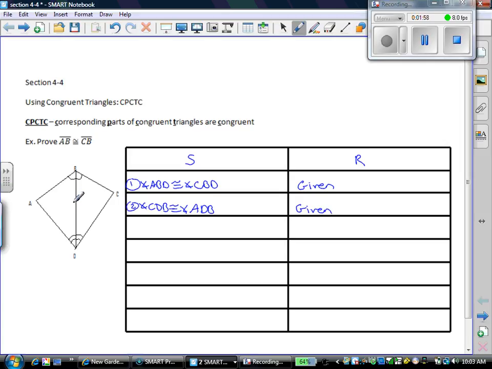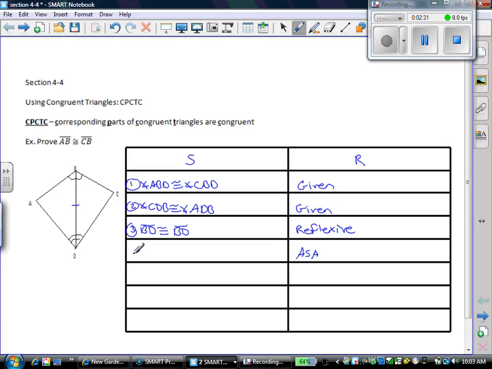And so hopefully we're pretty good at this by now, is that we can add this reflexive side. So segment BD is congruent to segment BD. Reflexive. Alright, so now hopefully we can see that we have triangles congruent by angle, side, angle.